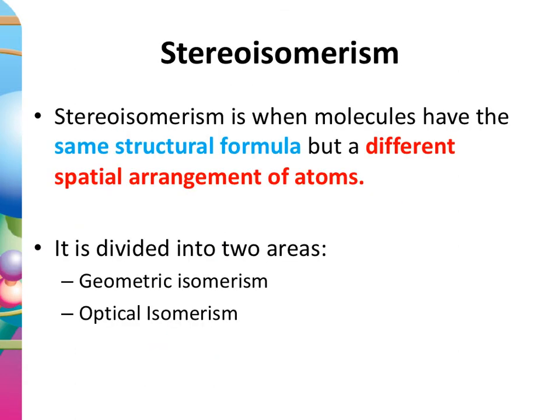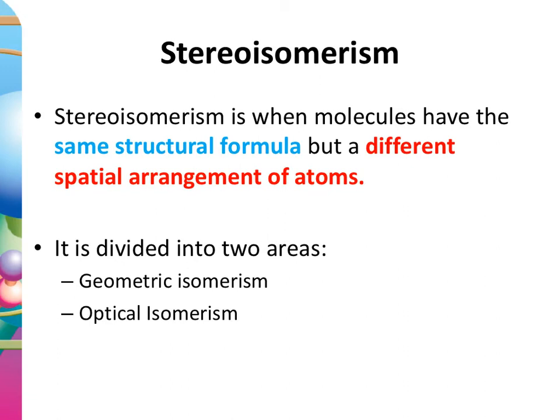Okay, so now we're moving on to stereoisomerism. So if you remember the family tree right at the beginning, from isomers it branched into structural isomers and stereoisomers, and the structural isomers part branched into chain, position and functional group. So we've looked at those. Now we're looking at the other first branch, which is stereoisomerism.